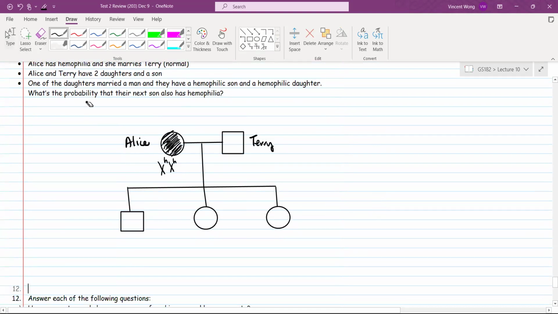One of the daughters married a man. Okay, so I'll say it's this one. One of the daughters married a man, and they have a hemophiliac son and a hemophiliac daughter.